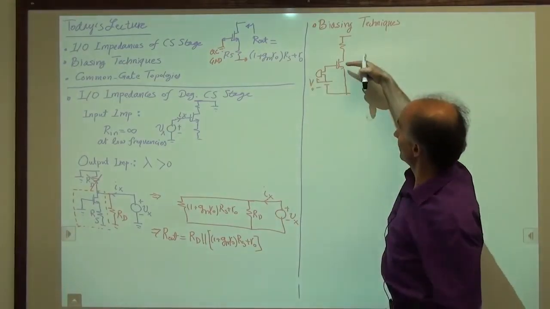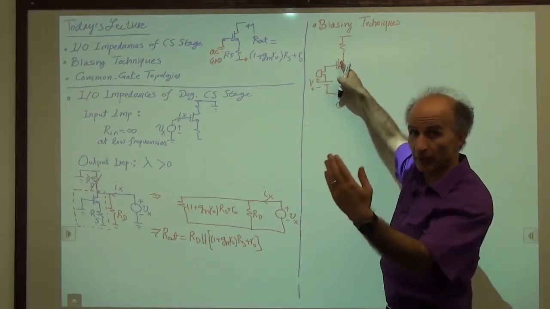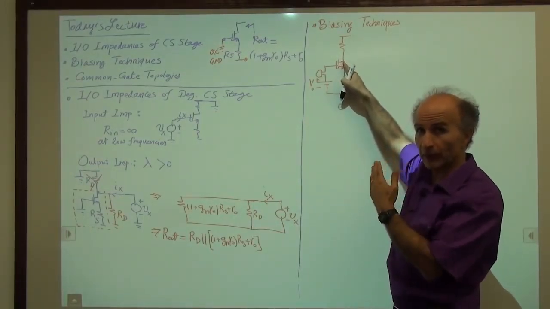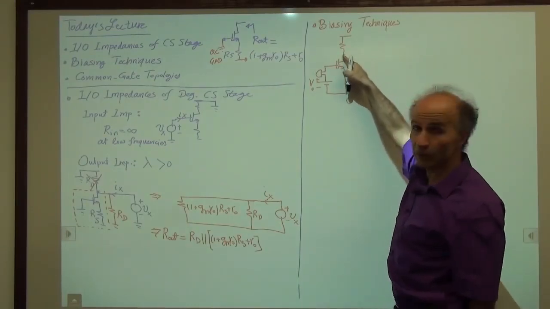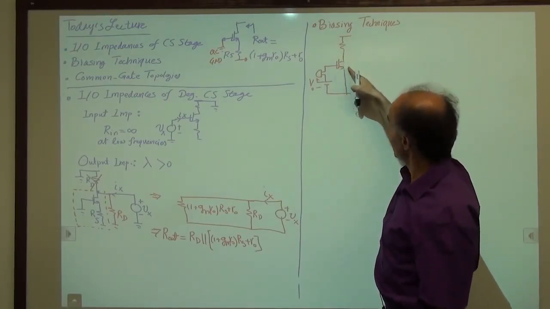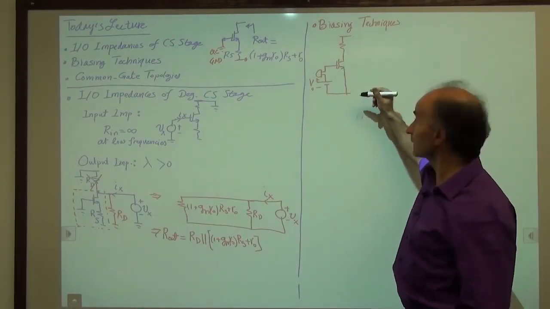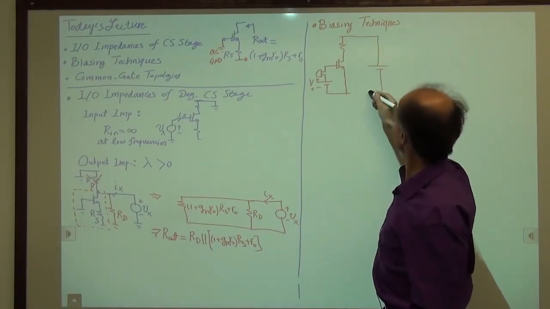And then to ensure that this device is also in saturation, remember all the different examples that we went through until we got here, to ensure that this device is in saturation, meaning that the drain voltage is reasonable and a current can flow this way through the device, the bias current, we have a battery here and here.